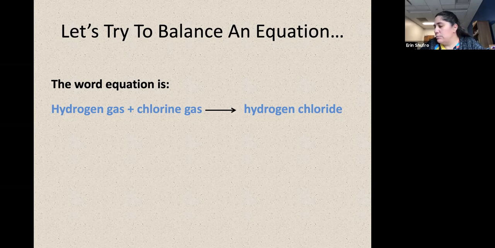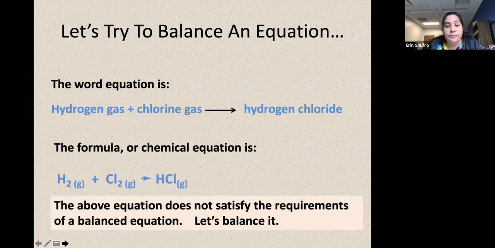Bromine as well. These guys like to form diatomics, meaning that in the gas form, hydrogen is bonded to itself. So we're going to have H2 plus Cl2 gives hydrogen chloride in the gas form.